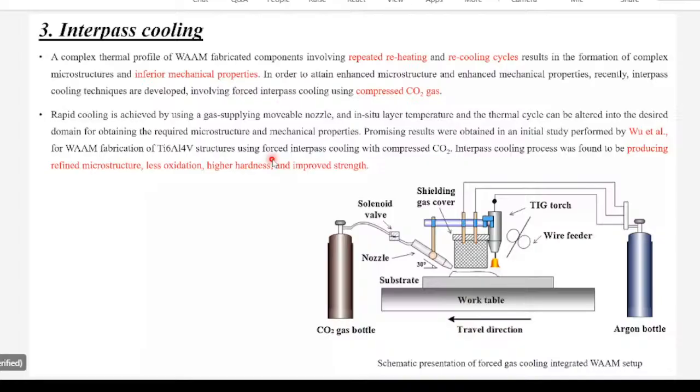If grain growth is restricted because of the interpass cooling, the grain size will be reduced, and as the grain size is smaller, the mechanical properties and hardness can be improved. So this is also a good solution for improving the quality of WAM.